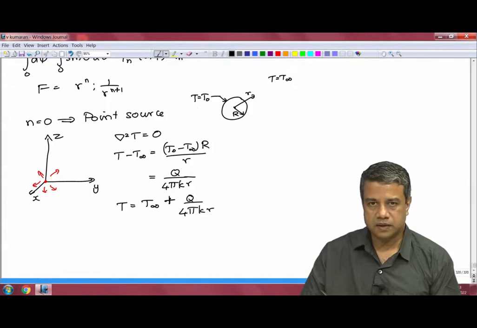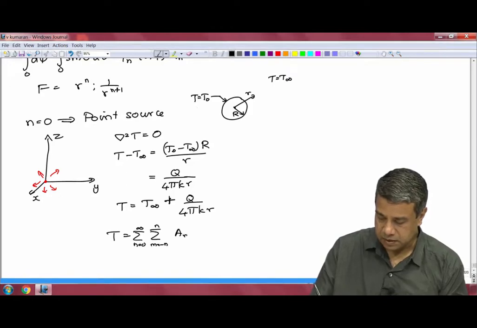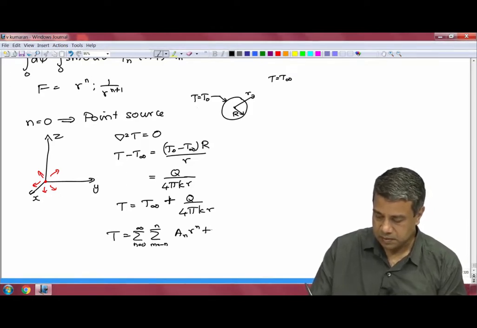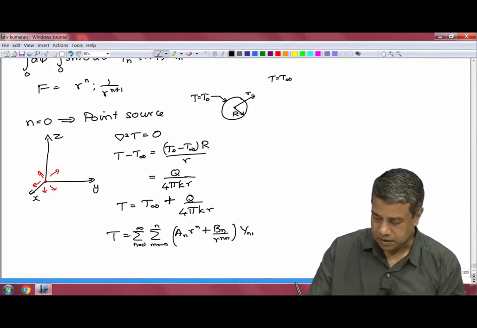Recall the solution for the temperature that we had. T is equal to sigma n is equal to 0 to infinity, sigma m from minus n to n, of a_n r to the power n plus b_n by r to the power n plus 1, times Y_nm of theta and phi.